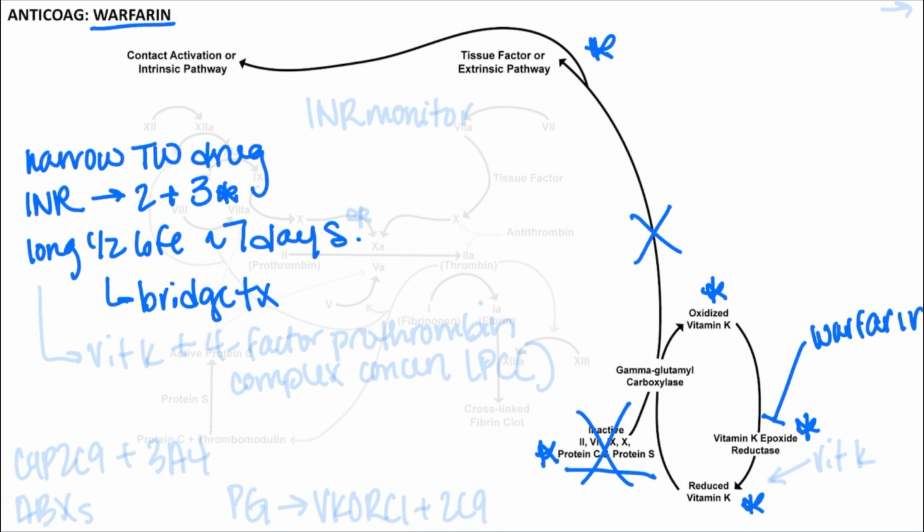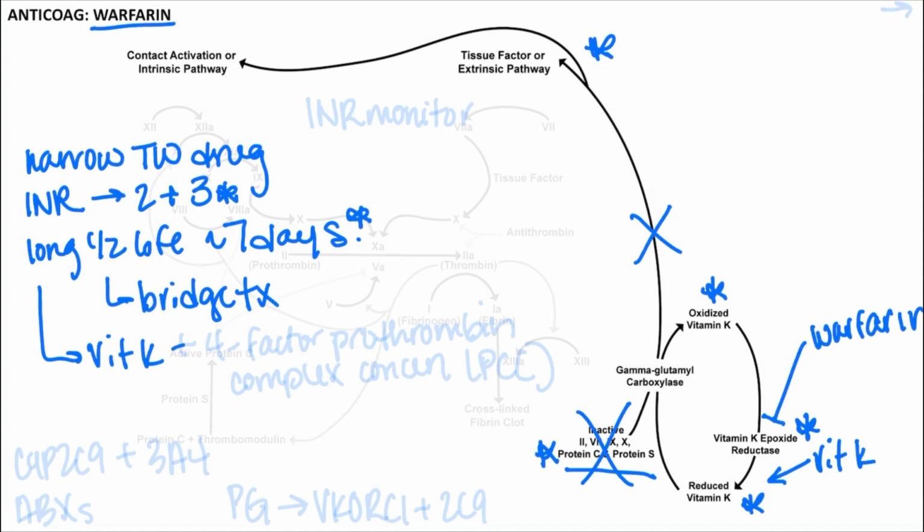So this long half-life is also a problem for those requiring emergent surgery or those that experience a significant bleeding event. And this will require the administration of vitamin K, but it's going to take time for that vitamin K to lead to the generation of mature clotting factors.